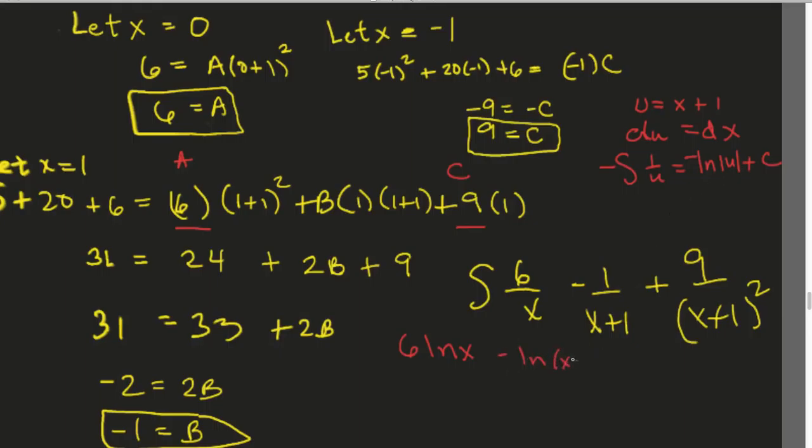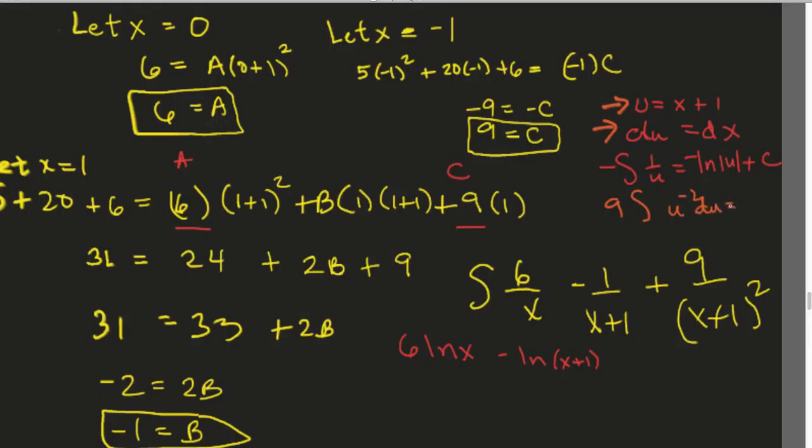What about the last one? Would it just be 9 over x plus 1? It would be a u substitution again, the same substitution as above. The only difference is the problem would change to 9 times u to the -2 du.